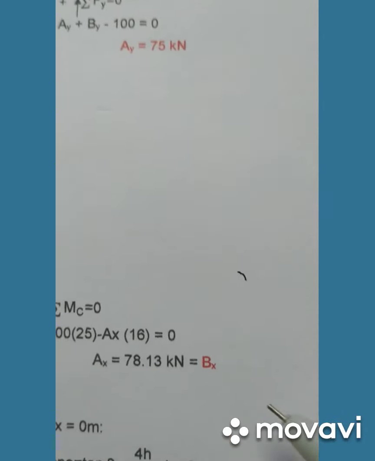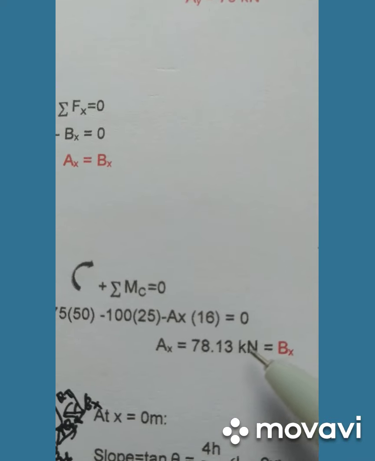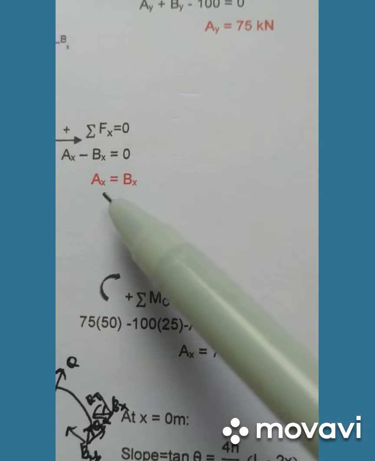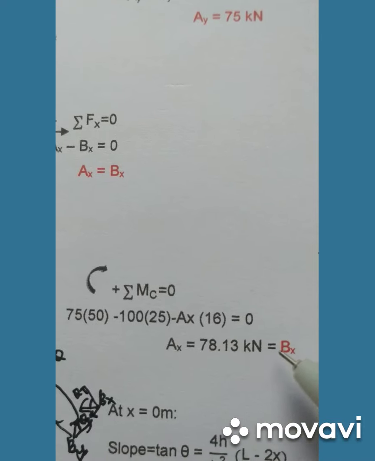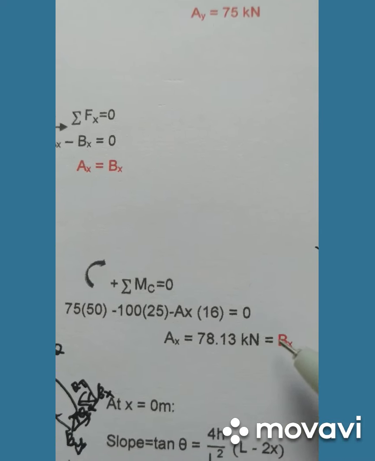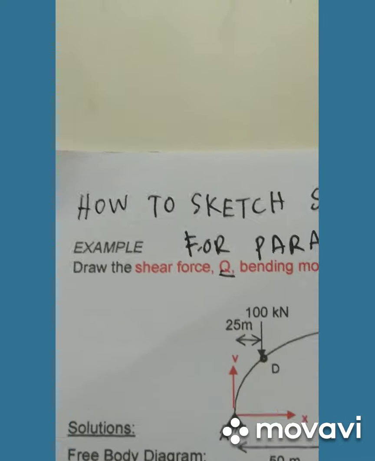So I get AX equal to 78.13 kilonewton. We know that AX equal to BX, so BX is also 78.13 kilonewton.